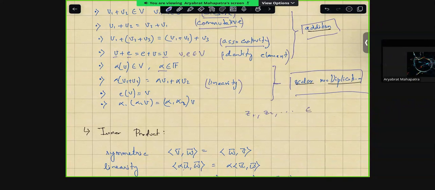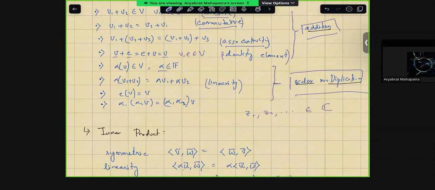Let's say this vector space is C. So the vectors z1, z2, z3, and so on are vectors on your vector space C, that is, your complex number vector space.